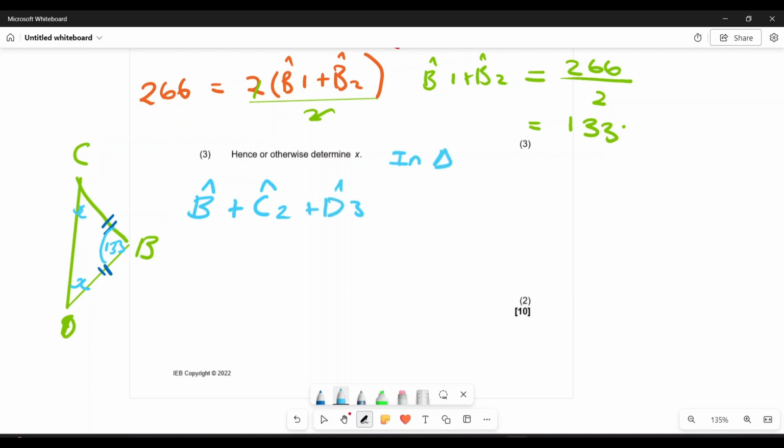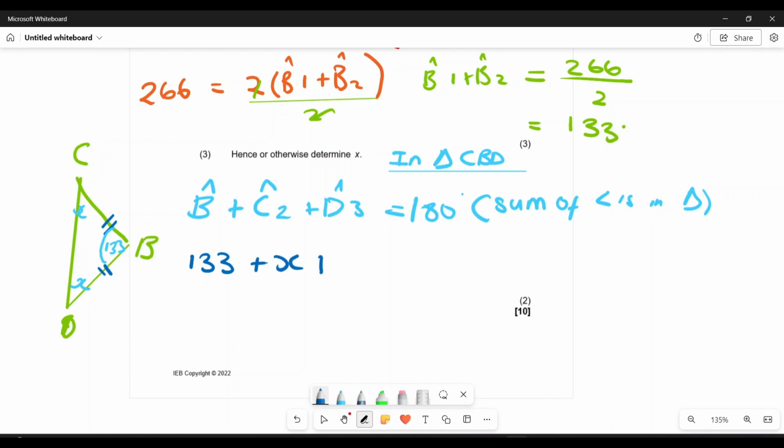In triangle CBD, it's important for you to name the triangles that you'll be doing your workings on. Now I expect to get 180 degrees, as the sum of angles in a triangle. As a result, my angle B as a whole is 133 plus x plus x, which would be equal to 180 degrees. So now, 133 plus 2x is 180.